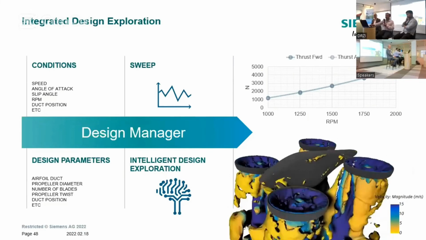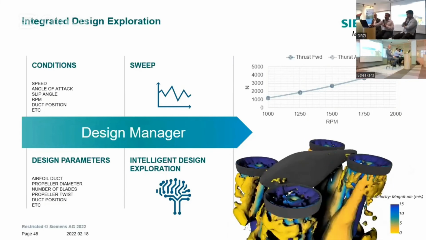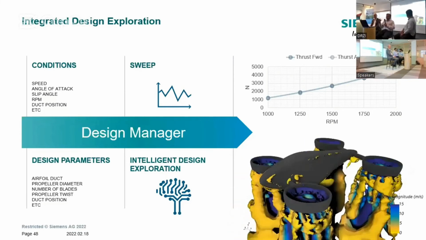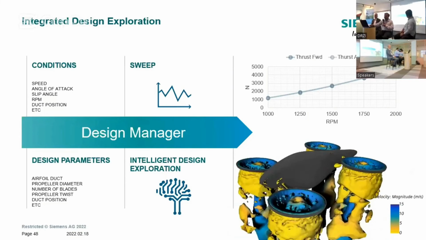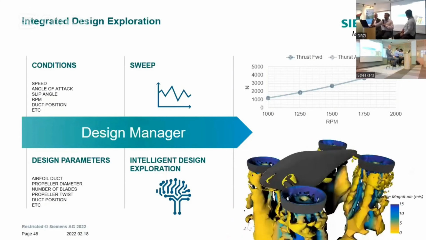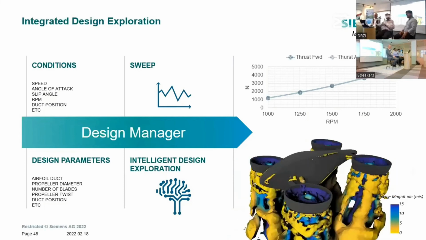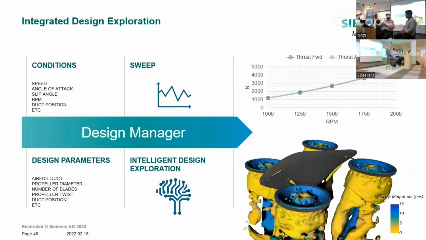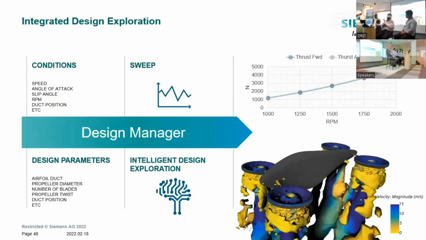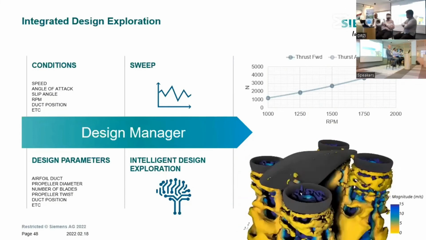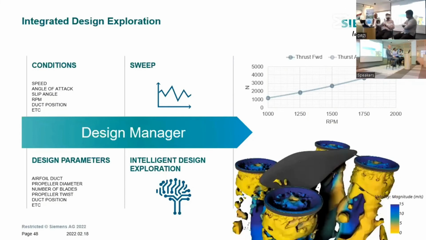That's where this kind of exploration technology comes in. If you see here, you may have one concept. You can throw this to the tool, and then you say, I want this drone that only flies 5 kilometers, but my goal is 10 kilometers.